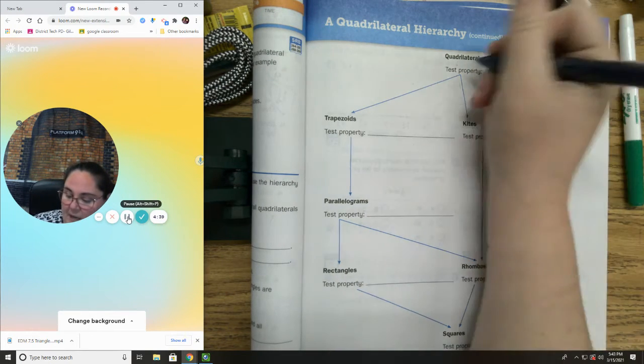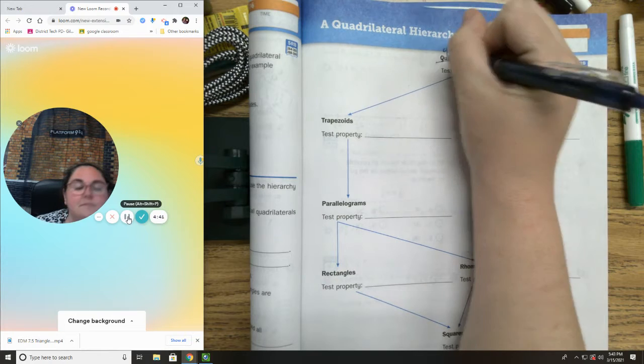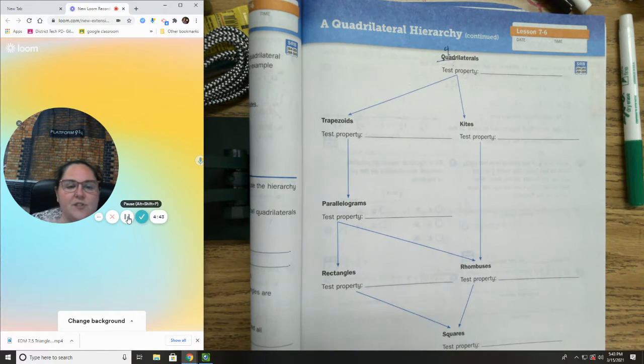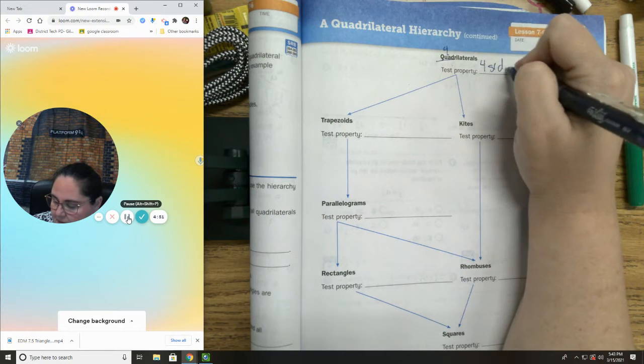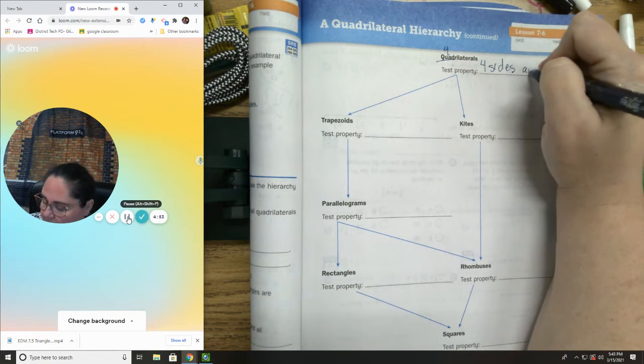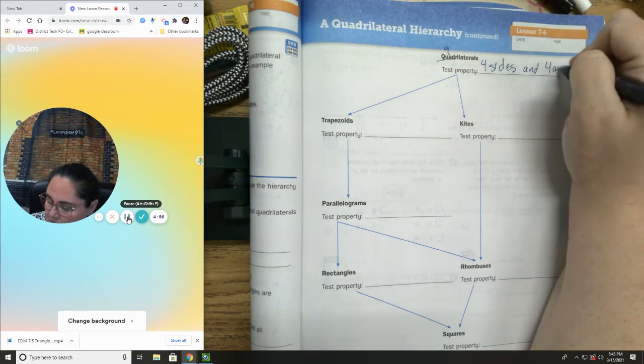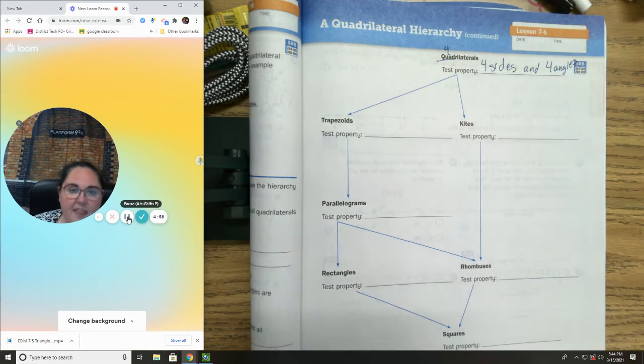When I say quad, that means four. So a quadrilateral, at the very basic, in order to be a quadrilateral, it has to have four sides and four angles. That's it.